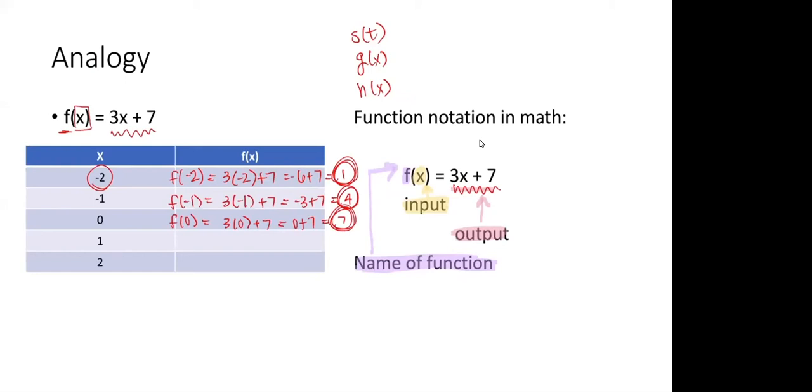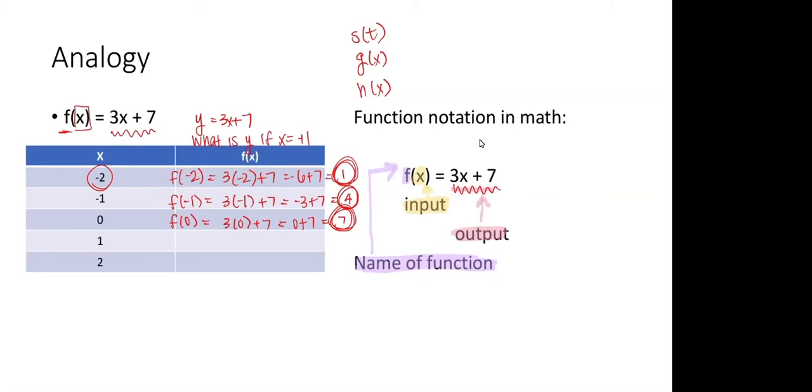And we normally have this notation because it can replace a different notation you guys might be familiar with, something like y is equal to 3x plus 7. If I wanted you to say what is y if x is 1, then I would literally have to say what is y if x is 1.